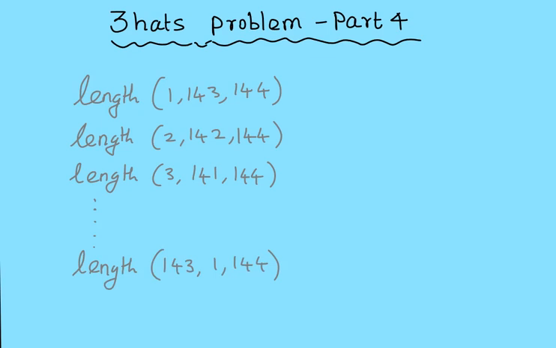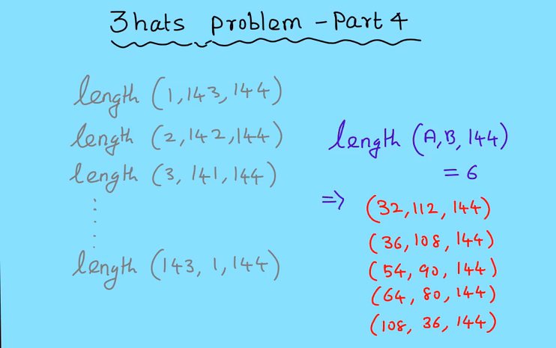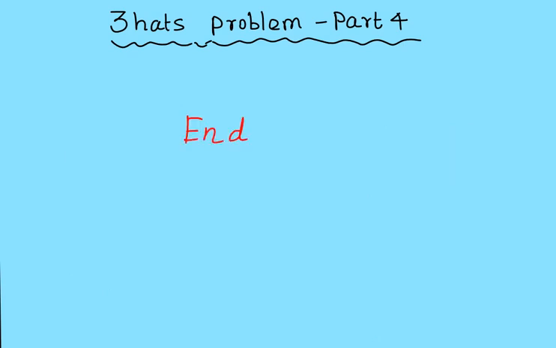The solutions are just the cases where we get length of AB144 equal to 6, and in this way again we get the same 5 solutions that we got in part 2. I attached the C program in the description below, and with this let us end this part. This strategic way is the most amazing thing I came across, and that is why this problem is so awesome.